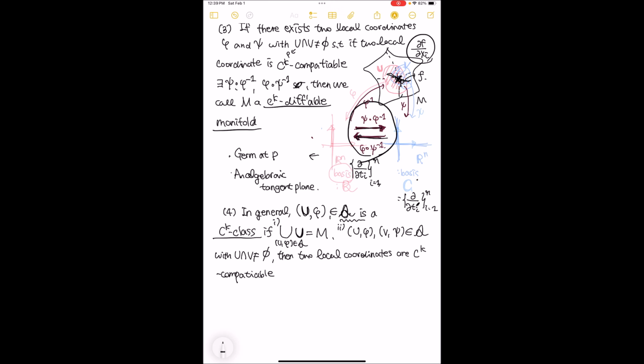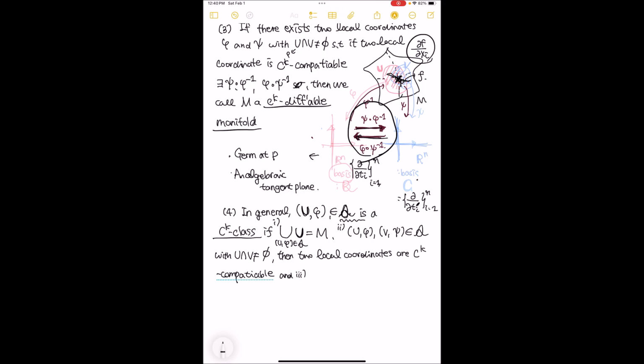As I said, two maps exist such that two local coordinates with different bases are compatible.